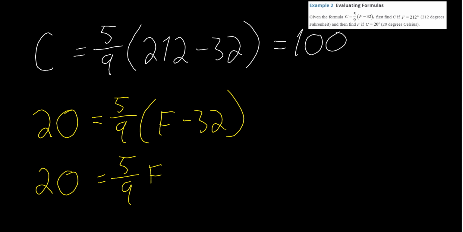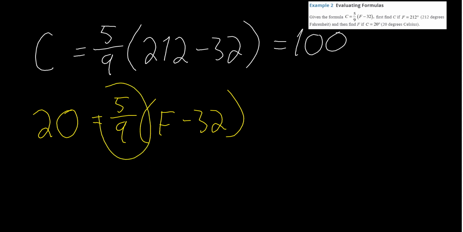Okay, so let's actually do it the other way around. Let's actually get rid of this 5/9 instead of distributing. My first inclination was to distribute, but we end up getting numbers, and I don't feel like dealing with numbers. So instead, I'm going to transfer this 5/9 from the right side to the left side here.